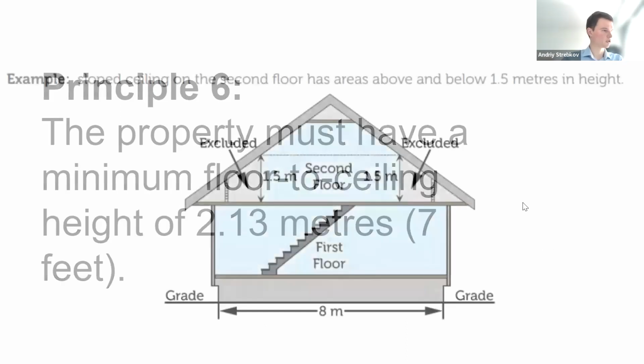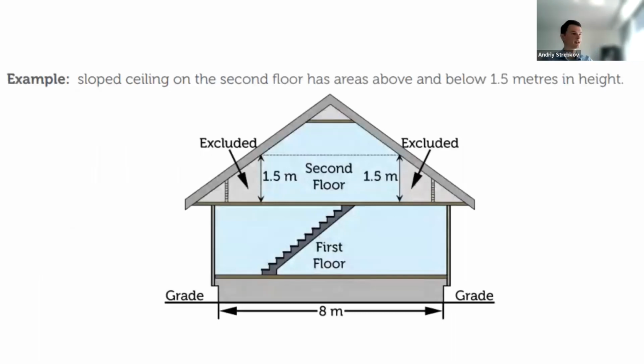I'll show you here. This is a typical example. You can see that the areas colored in blue are actually included. For example, on this second floor, at the top, it's definitely above 7 feet or 2.13 meters. Then there is a sloped ceiling, and here it gets to 1.5 meters or 5 feet. So this portion here can still be included.